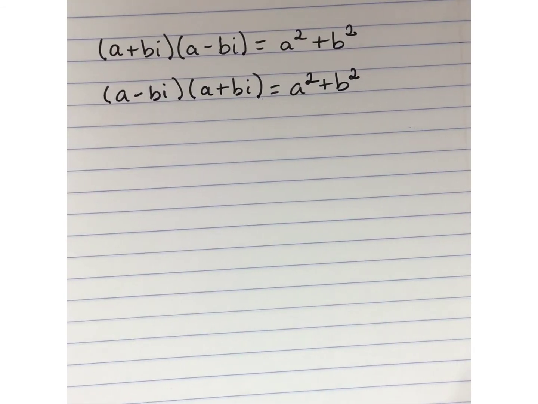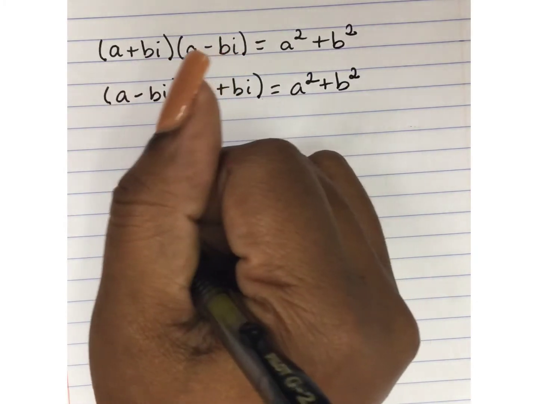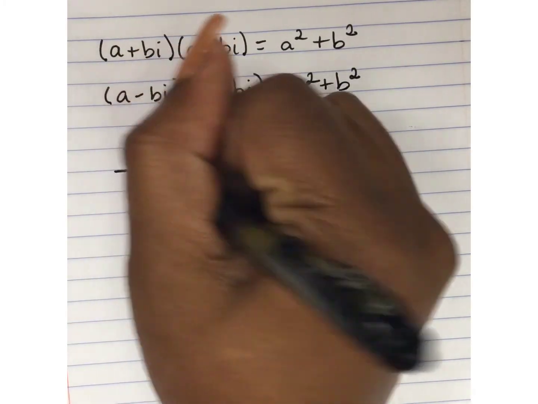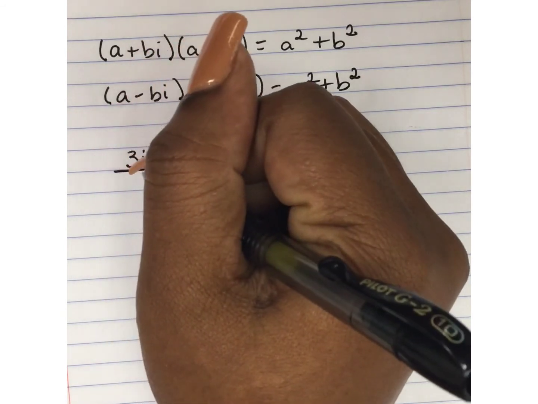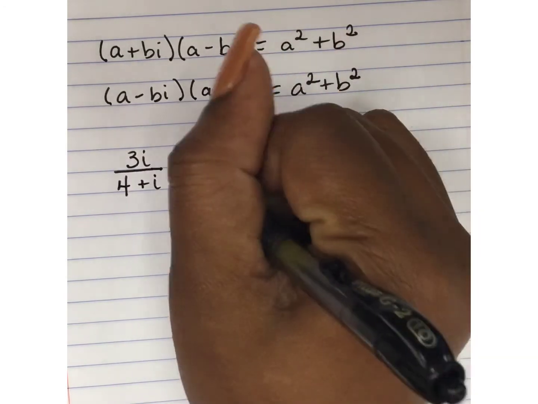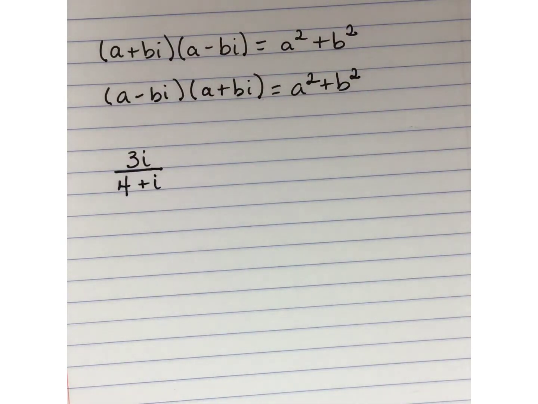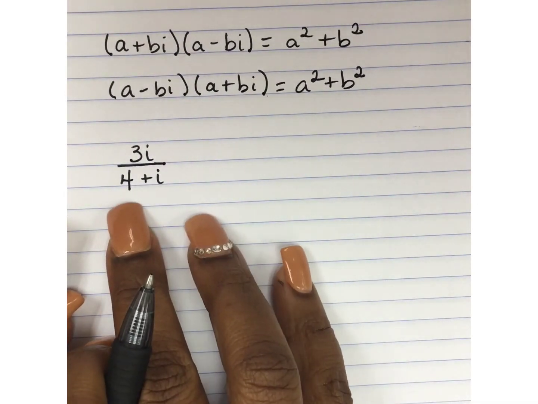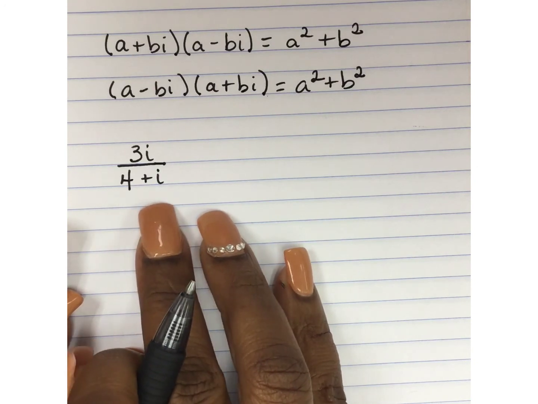Let's say that we have 3i divided by 4 plus i. Now let's take a look at the denominator. That denominator has an i. We can't have it right there, so what we have to do is look at the denominator, and we have a 4 plus i.